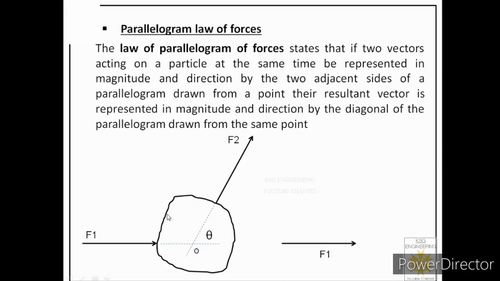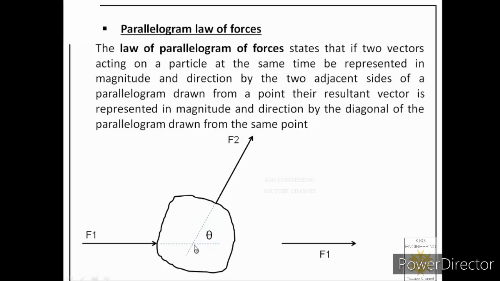Now we will apply the law of transmissibility over here, in which we can shift the point of application of each force to the point of concurrency. Means we can shift this vector from this point to this point, and we can shift this vector from its point of application to the point of concurrency.